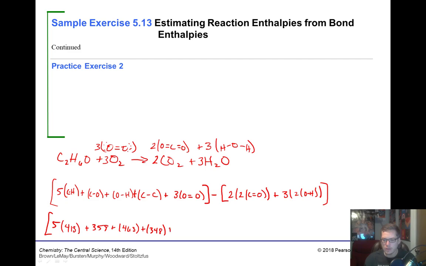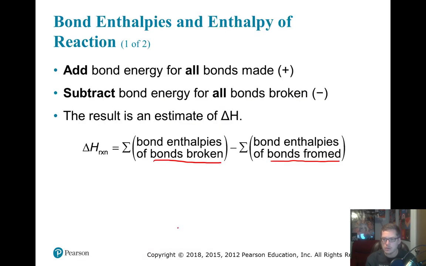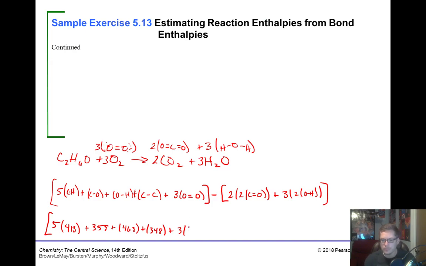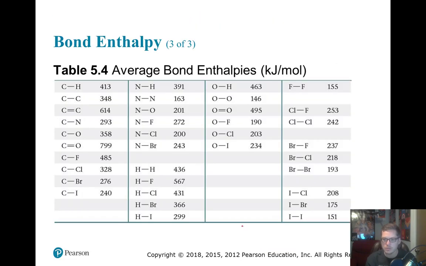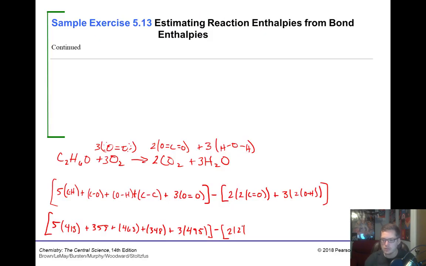Plus 3 times our oxygen-oxygen double bond, 495. Now we do the same thing with our products: 2 times our carbon-oxygen double bond, 799, in parentheses, plus 3 times 2 times our OH bond, which was 463.